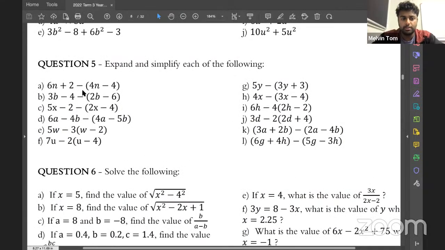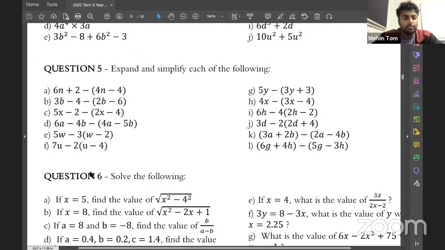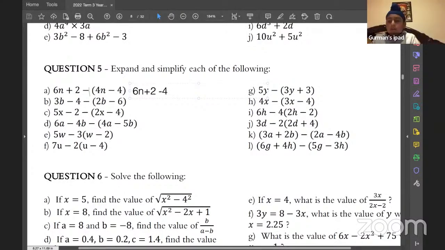5a? Okay. So when you have a negative symbol in front of a bracket, it just means negative 1 multiplied by the bracket. So 6n plus 2. And then what's negative 1 multiplied by negative 4n?